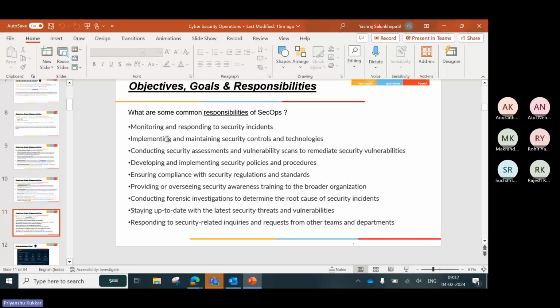Implementing security controls. You are the one who has to decide what kind of controls you want, what kind of rules you need to have. For example, you are the one who's supposed to decide what firewall rules should be in place, how the data should flow, that your company isn't supposed to talk to, for example, a Datadog company.